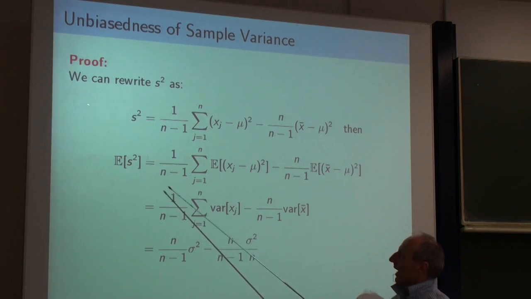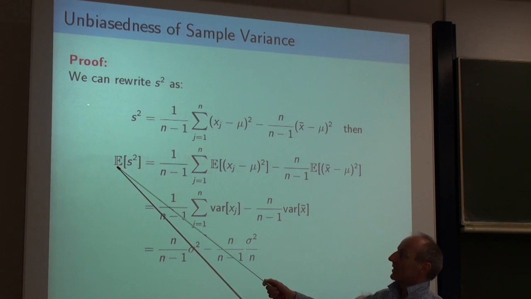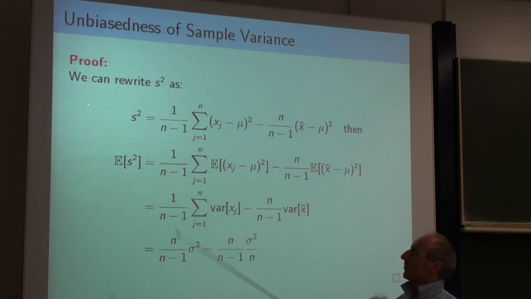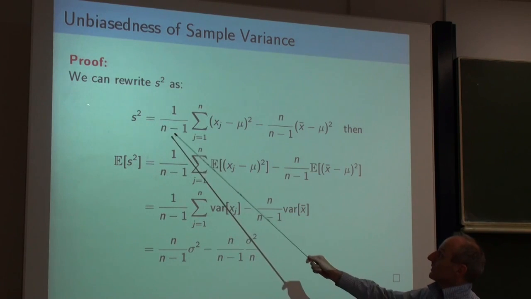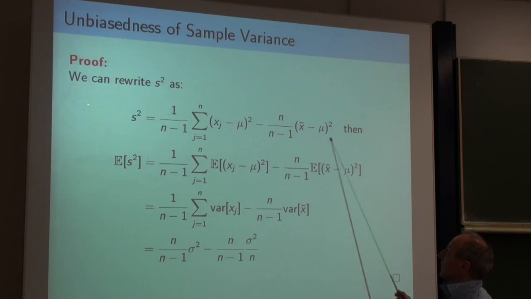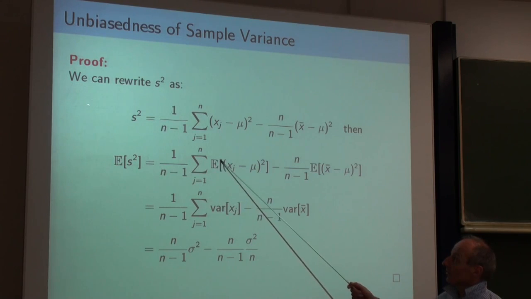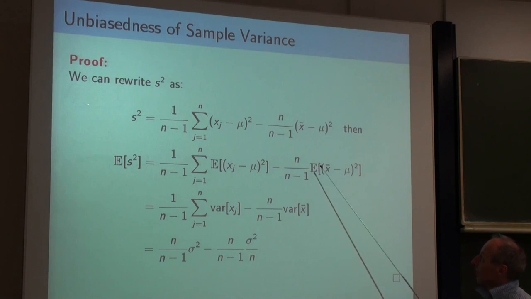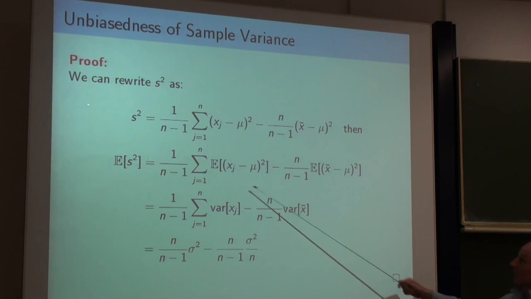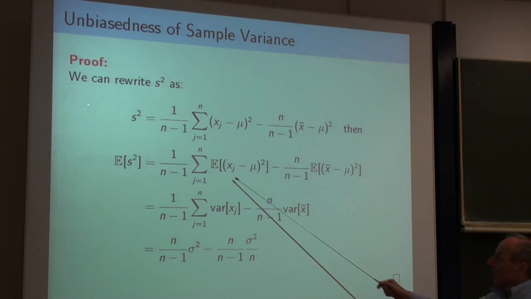Okay, so now we can calculate the expected value of the sample variance, the expected value of this formula. So we can again draw the expected value into these sums. Now look, what do we have here?